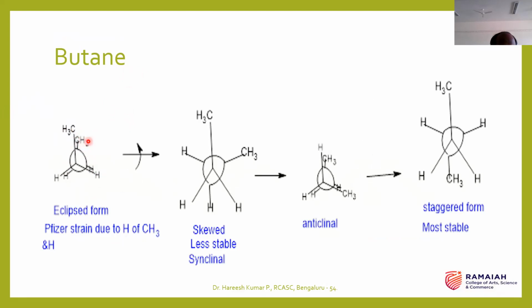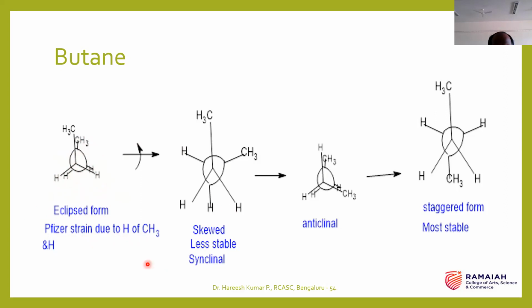Because of these two bulky groups, and the hydrogens, this will be unstable. Here also there is a Pitzer strain due to hydrogen and hydrogen, this hydrogen and the CH3 bulky groups, more particularly the hydrogens of the CH3 groups. So this one is unstable. Overall, you need to remember that eclipsed forms are unstable compared to the others.